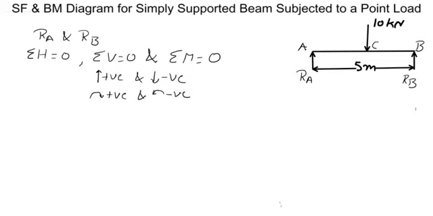Now in this diagram, upward force is RA and second upward force is RB and downward force is 10 kN. So sum of all these vertical forces should be 0. So RA plus RB becomes equal to 10. This is equation number 1.